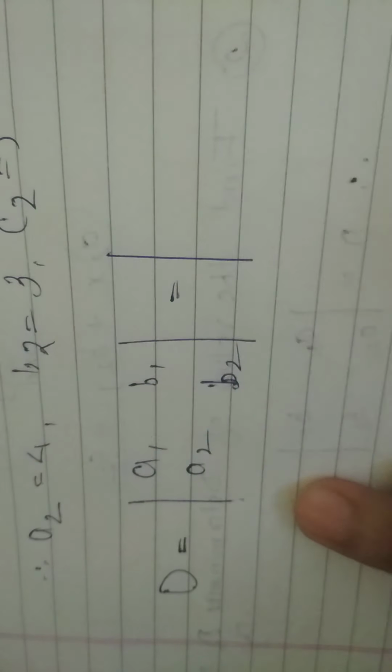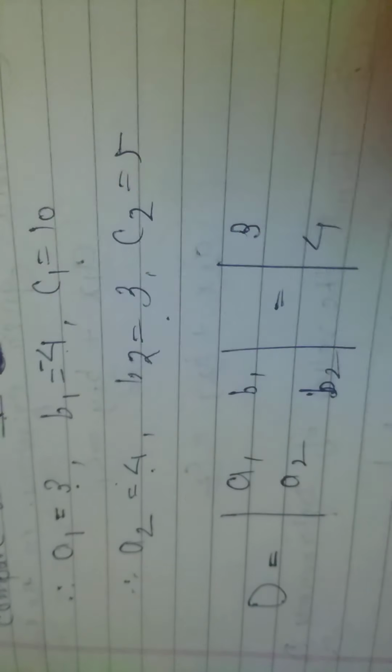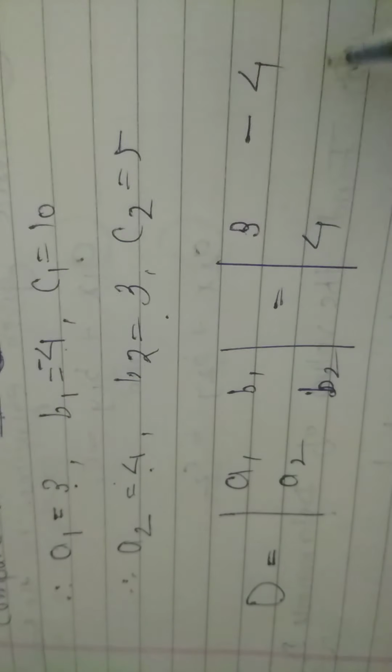We will find the determinant D. What is the formula of the determinant? a1, a2, b1, b2. Put the values of a1, a2: 3 upon 4. Can you see a1 and a2? Right, 3 upon 4. b1, b2: minus 4, 3. What will we do?